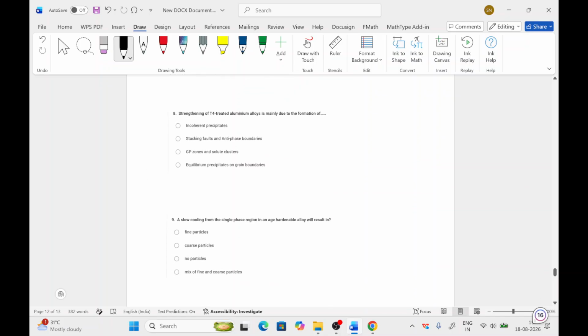Next question is, strengthening of T4 treated aluminum alloys is mainly due to the formation of.